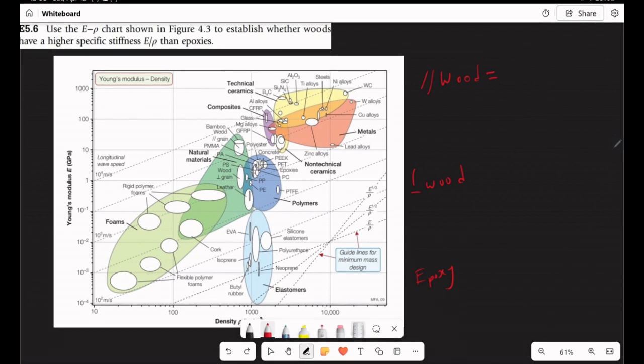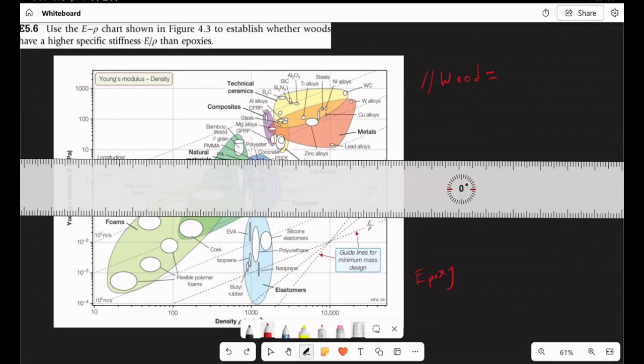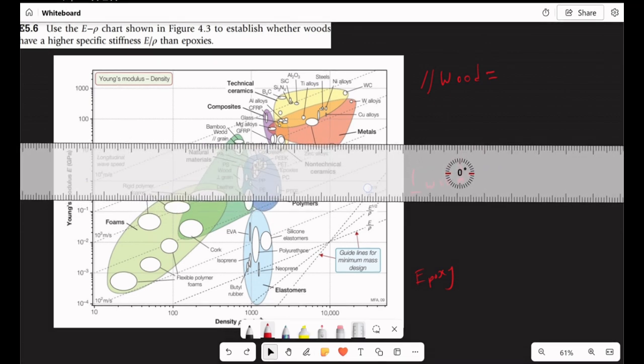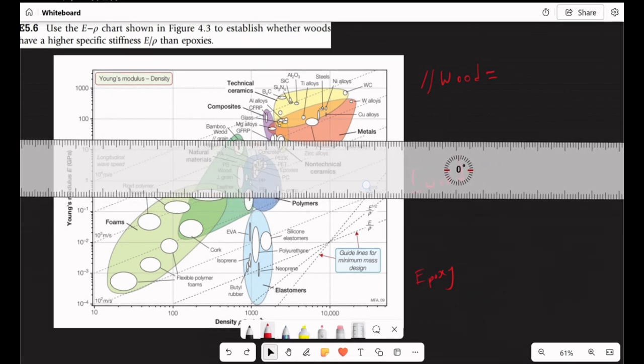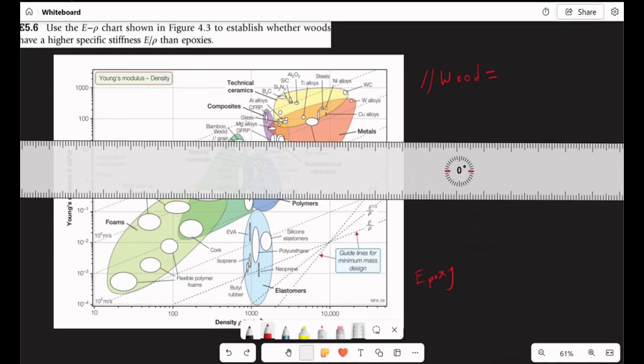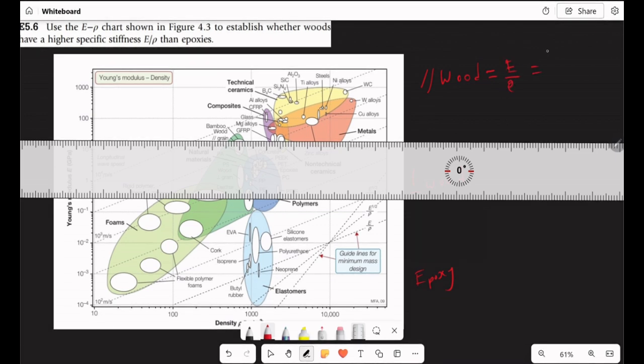First we will measure the Young's modulus for all the materials. We go to parallel grain wood, which is this, and we are looking for the higher limit, somewhere around here. We are looking for E over density, where the value of E is 20 gigapascal.